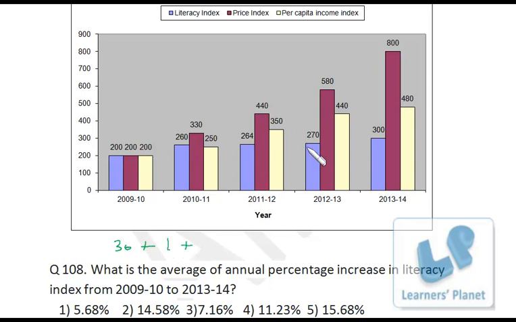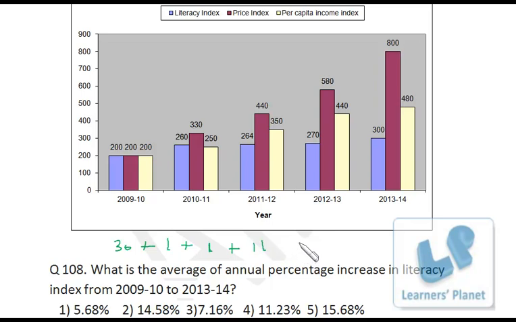Once again from 264 to 270, around 1%. I'm just giving you a rough idea. Then from 270 to 300, an increase of 30 on 270, so that is 1 by 9, so around 11%, right?